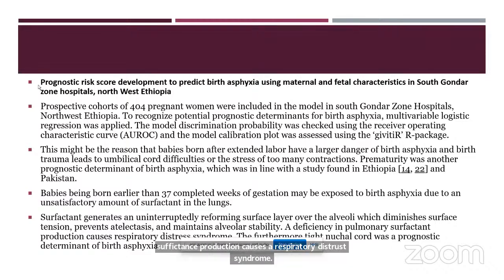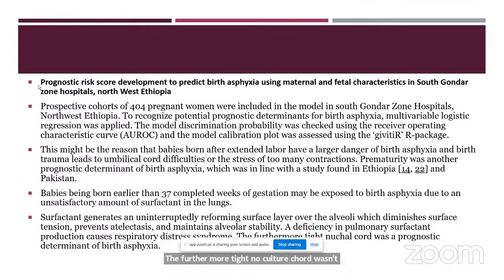Furthermore, the nuchal cord was a prognostic determinant of birth asphyxia. This was about the prognostic risk score development to predict birth asphyxia using maternal and fetal characteristics in the southern Gondar zone.